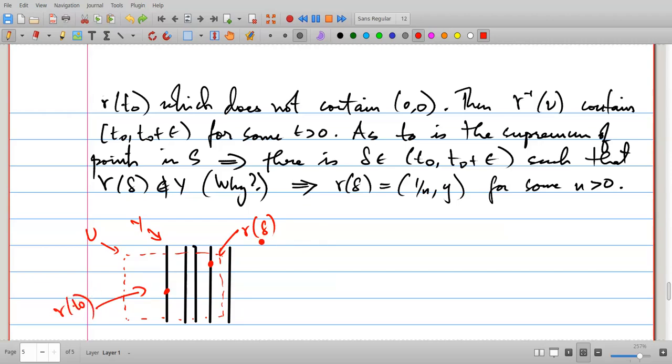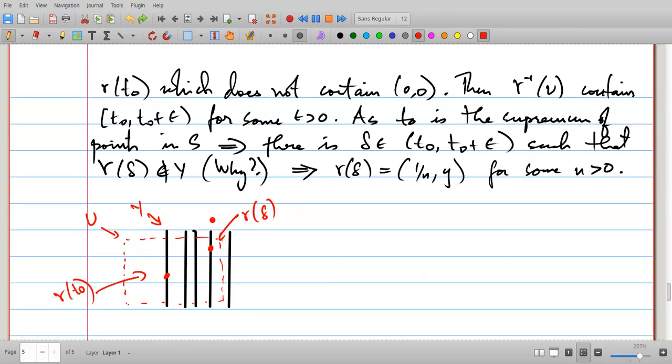But now notice that this line over here is in a different path, it is in a different connected component of U intersection Y than the component in which gamma of T naught is contained. Right.